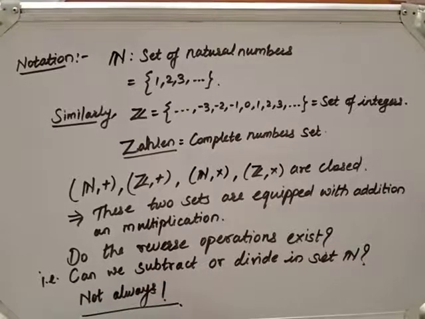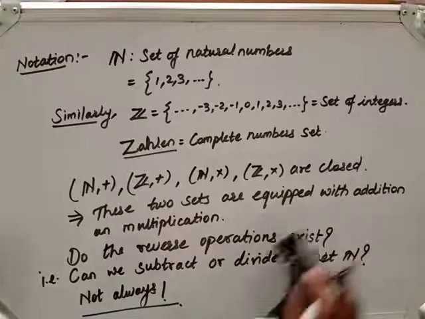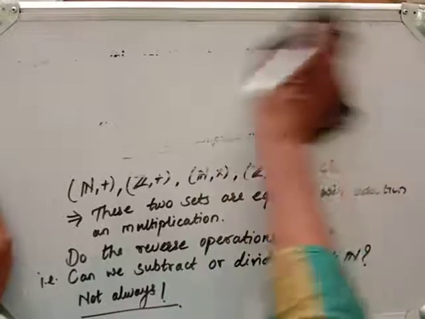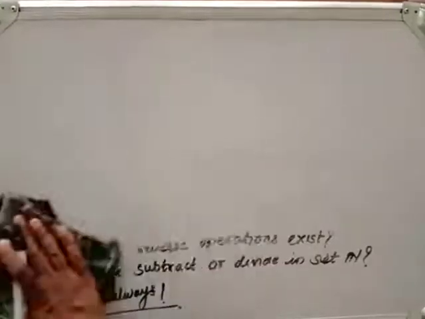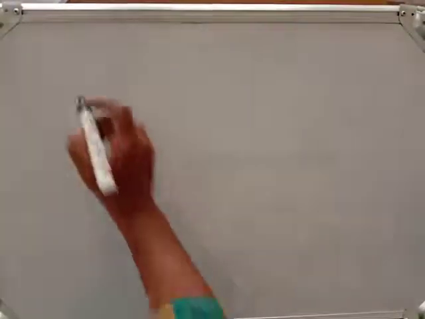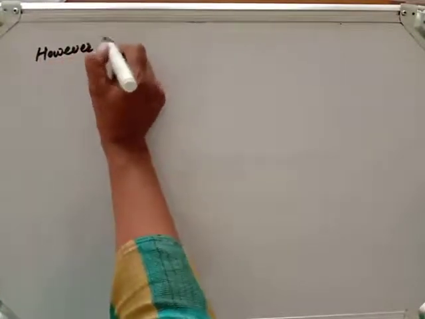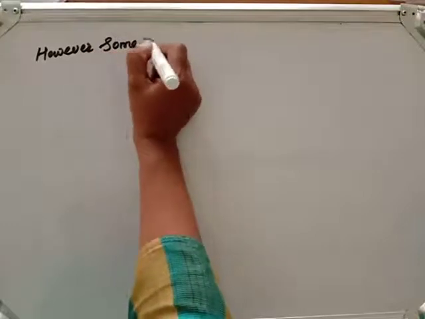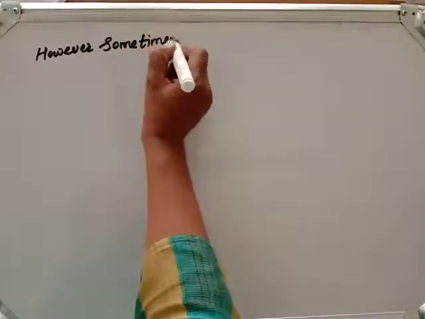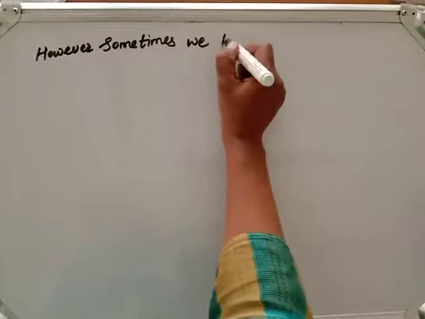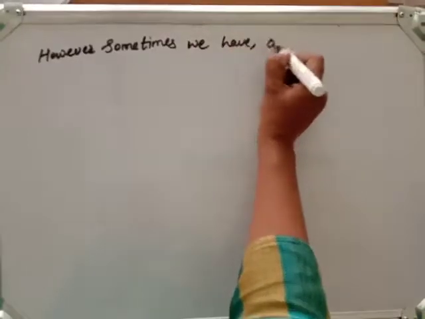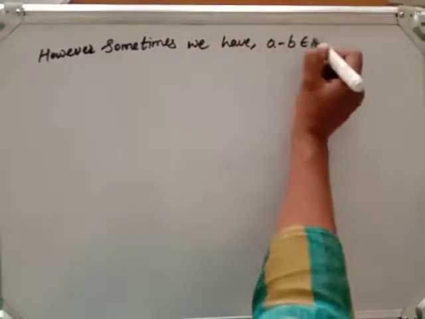This thing should not happen always. However, sometimes it may happen that a minus b is some natural number.